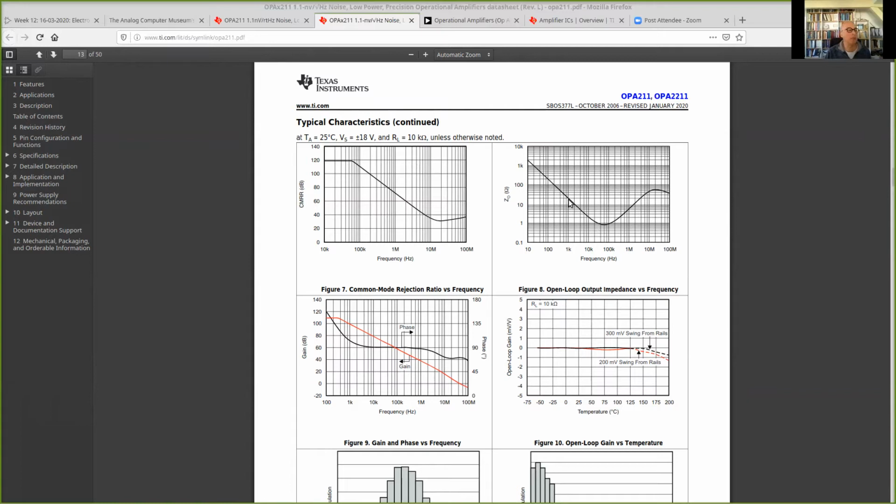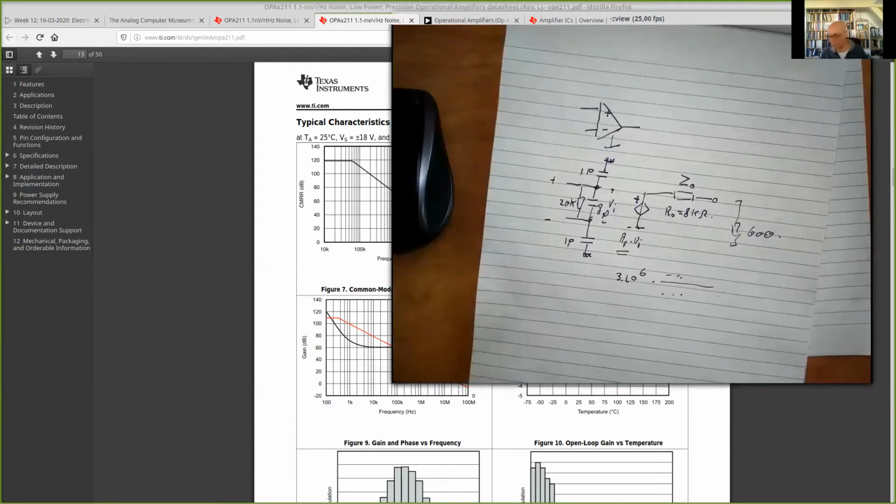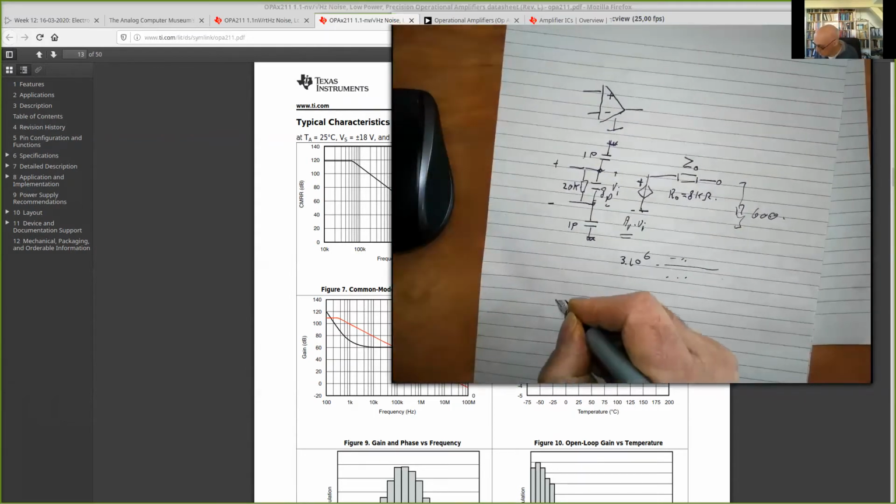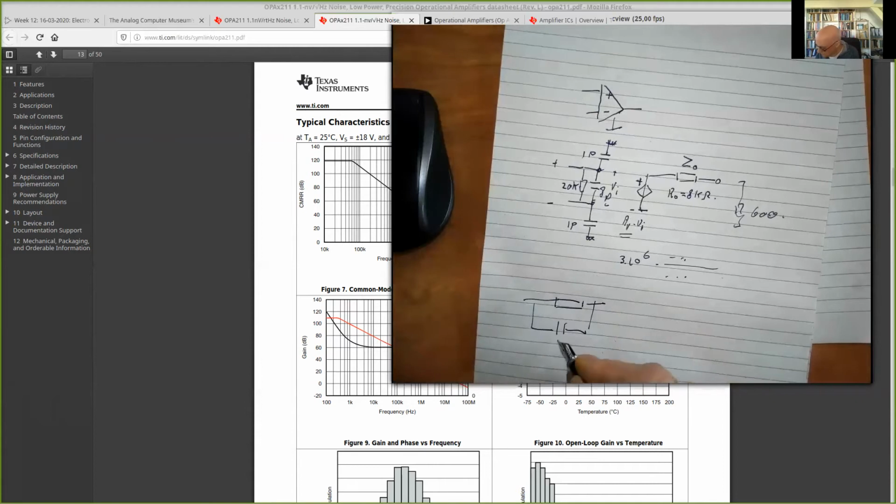Well, you just take a frequency and say, well, it's 20 ohm at 1 kilohertz. You see, 20 ohm at 1 kilohertz. So we have a capacitor C. We have the resistor already, but it must be in parallel with the capacitor. And this is C equals 1 over 2 pi times 20 times 1K, because it was 20 ohm at 1 kilohertz.